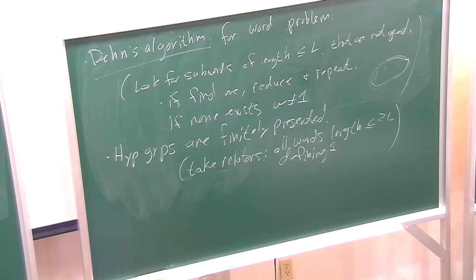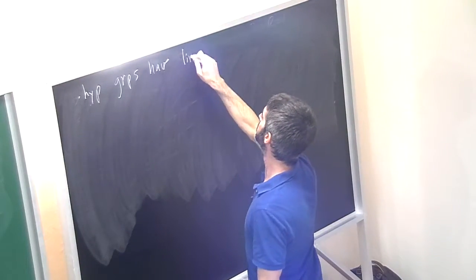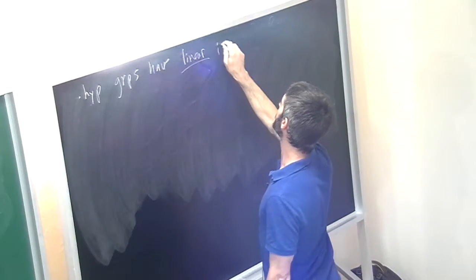One other thing I'll say is that this is really saying that hyperbolic groups have what's called a linear isoperimetric inequality.